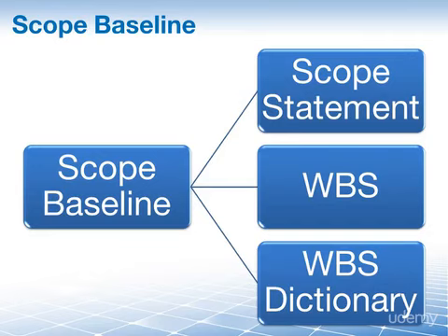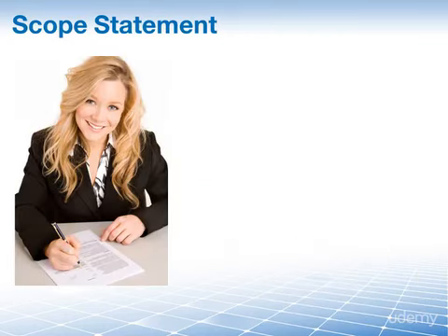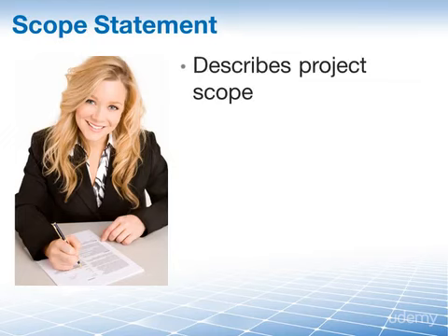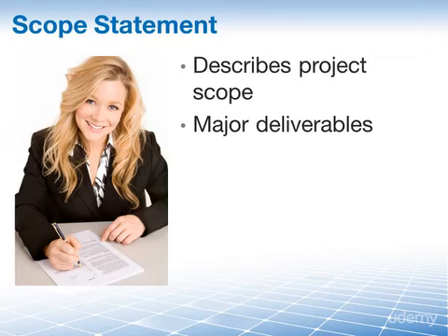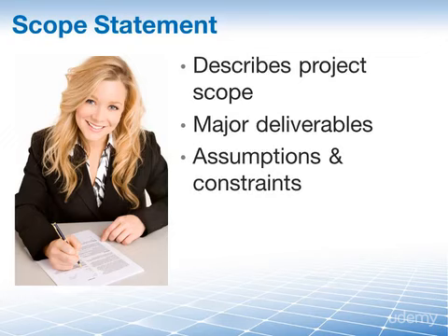So let's open this up and briefly take a look at these three documents here: the scope statement, the WBS, and the WBS dictionary. So the project scope statement is the description of the project scope. It describes the major deliverables as well as the assumptions and constraints that we have on our project.